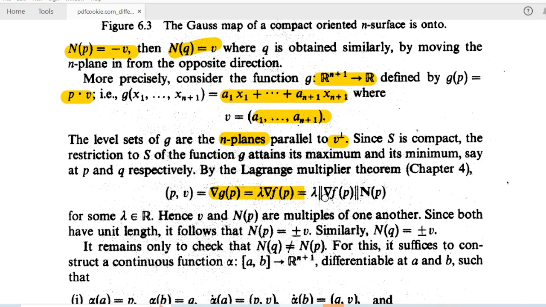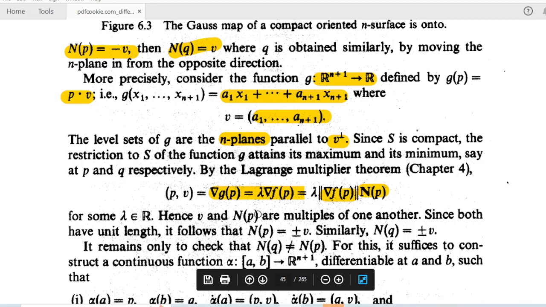So we know the unit normal vector n bar of P is nabla F of P divided by the norm of nabla F of P. So nabla F of P can be written as n bar of P into the norm of nabla F of P. Hence V and n of P are multiples of one another.